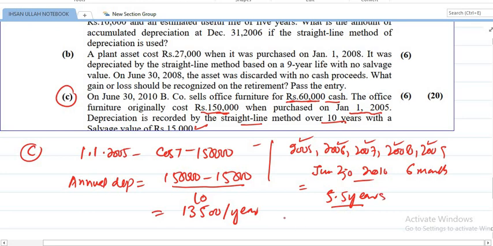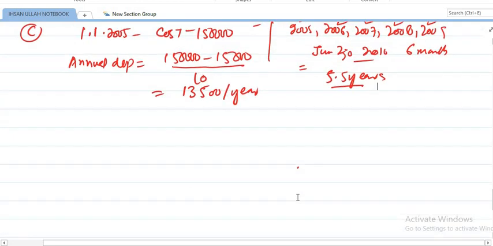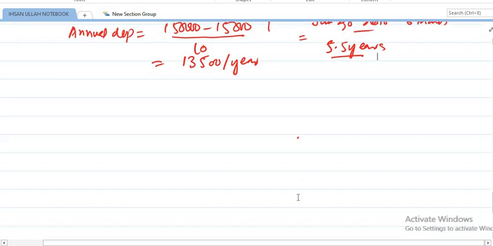So if you want to calculate accumulated depreciation or total depreciation, then simply what you will do, we'll multiply the annual depreciation with the number of years the asset was used.